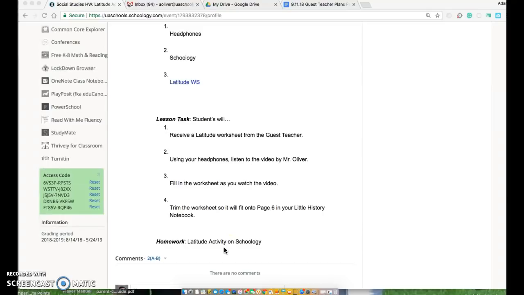So you've already taken the bell ringer on Schoology. Now you should be receiving, if you haven't already received, the worksheet from our guest teacher regarding your classwork for today. So what you're going to be doing is matching what I'm doing online.